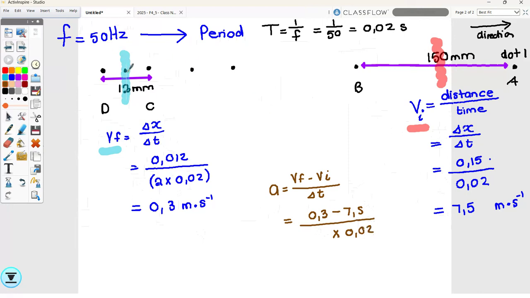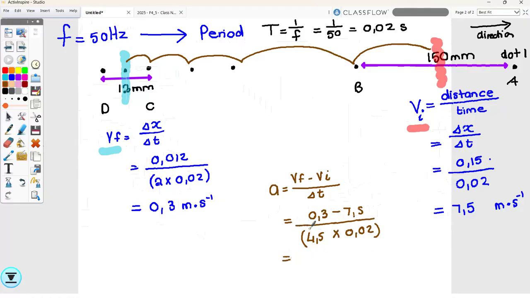So you start there, the middle of my first interval, and you count to the middle of your last interval. So let's see. There's 1, 2, 3, 4 and a half. So this is going to be 4,5 times 0,02.